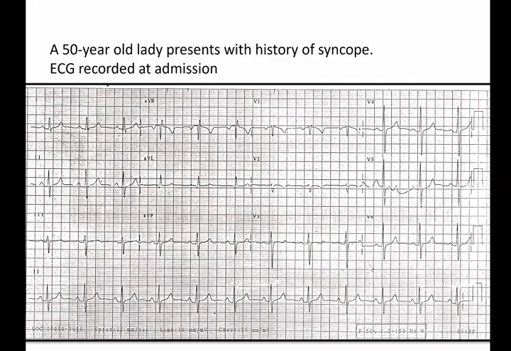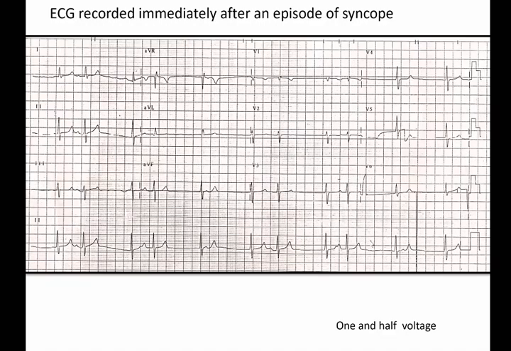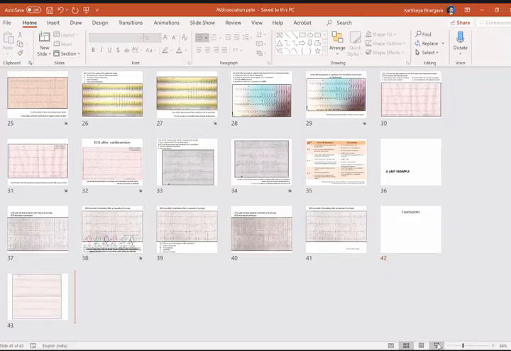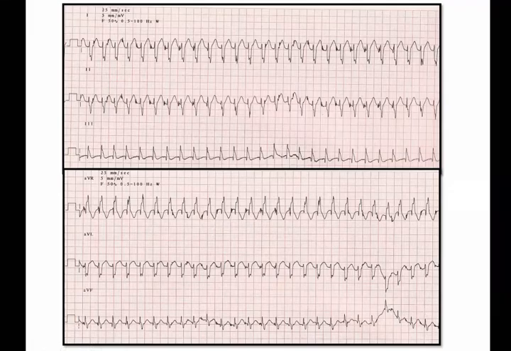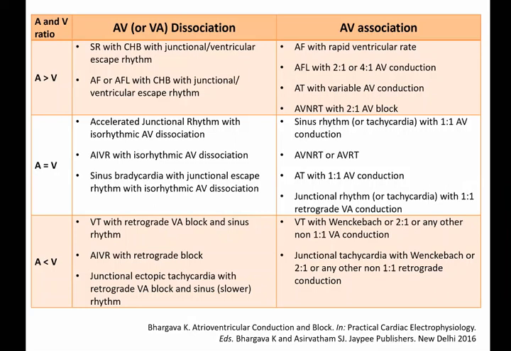I'll just say that AV dissociation can have multiple causes, and you have to understand that it is not a primary diagnosis. There is always some basic rhythm disorder which is responsible for the AV dissociation, and just saying AV dissociation has no meaning.